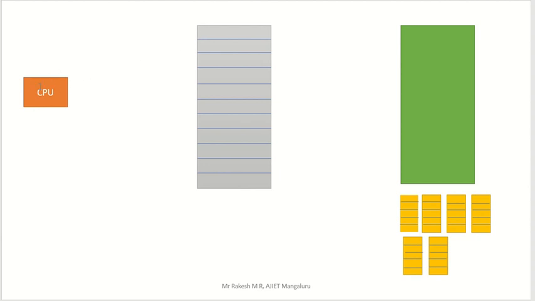When the CPU asks for a process from main memory, main memory will give that process, but you stored it in pages. So main memory will give your process page by page to the CPU. Page by page means it is stored in frames, right? So each frame, page-wise, goes to the CPU.